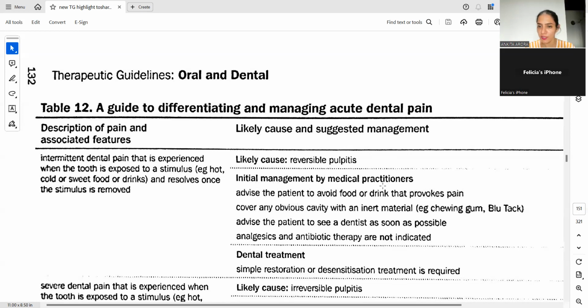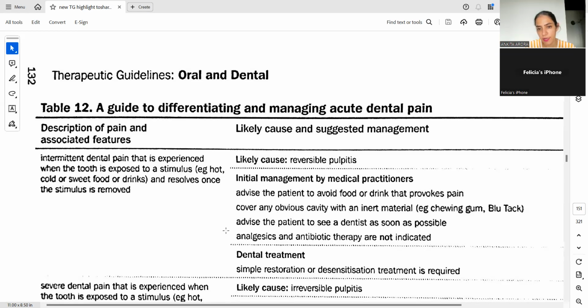So ADC is not testing you as a provider to put inert material like chewing gum or blue tack in there, unless there is something in the stem which says you do not have much options to start treatment. Advise the patient to see a dentist as soon as possible, and analgesics and antibiotic therapy are not indicated.